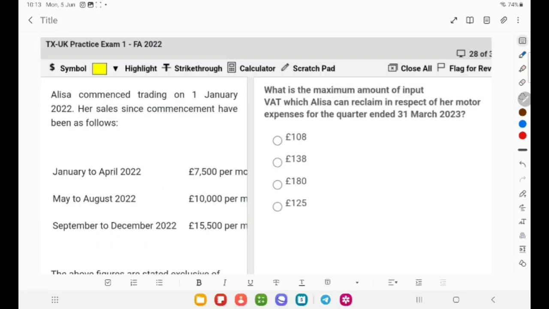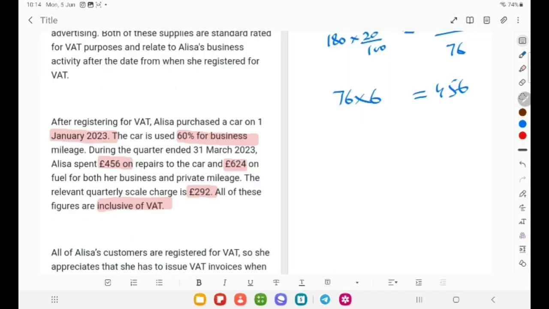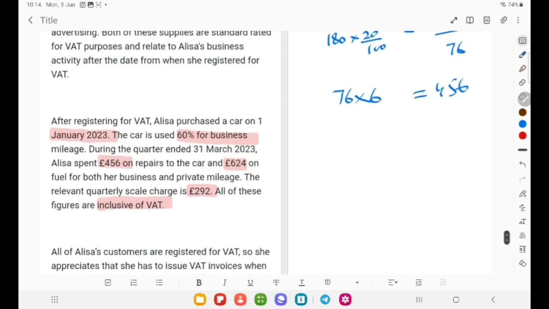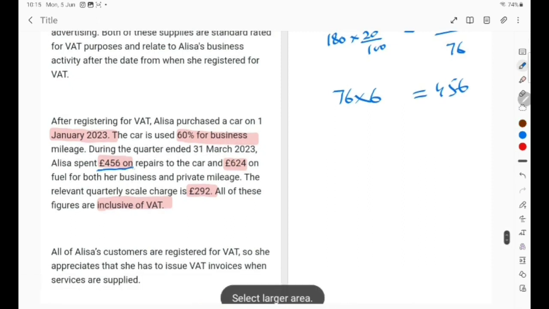Next question is, what is the maximum amount of input VAT which Alisa can reclaim in respect of her motor expenses for the quarter ended 31st March 23? The amount spent by Alisa on motor expenses is 456 for repairs and 624 for fuel. So the total amount would be 1080.